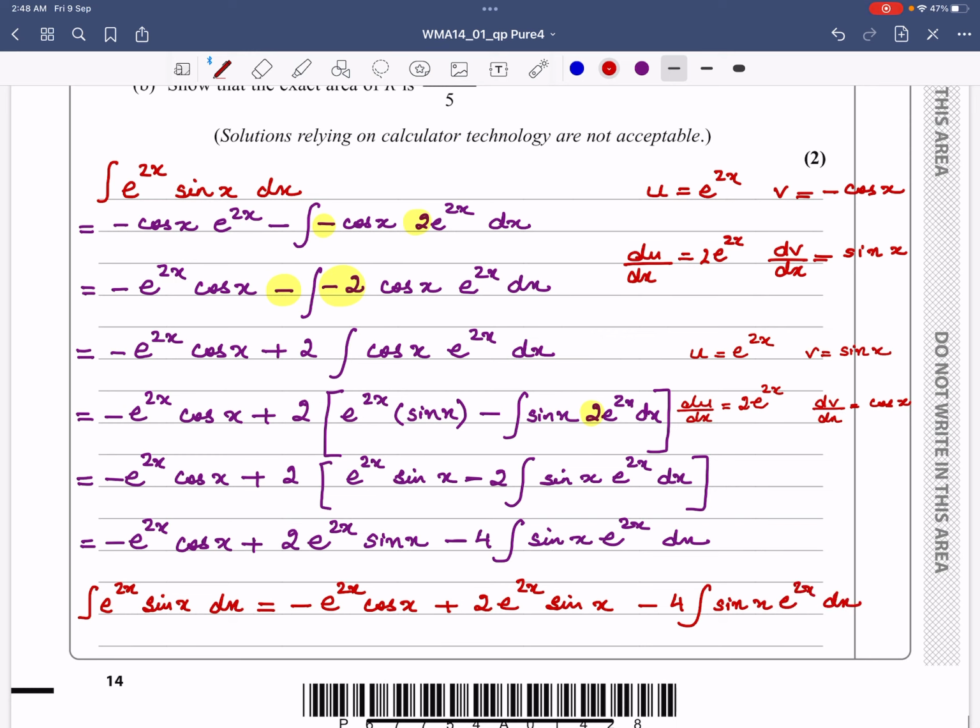At this step, I realize that on either side of the equation, I have got like terms. So integral of e to the power of 2x sine x and minus 4 into integral of sine x e to the power of 2x. They both are like terms, so they can be pulled to one side of the equation and simplified.